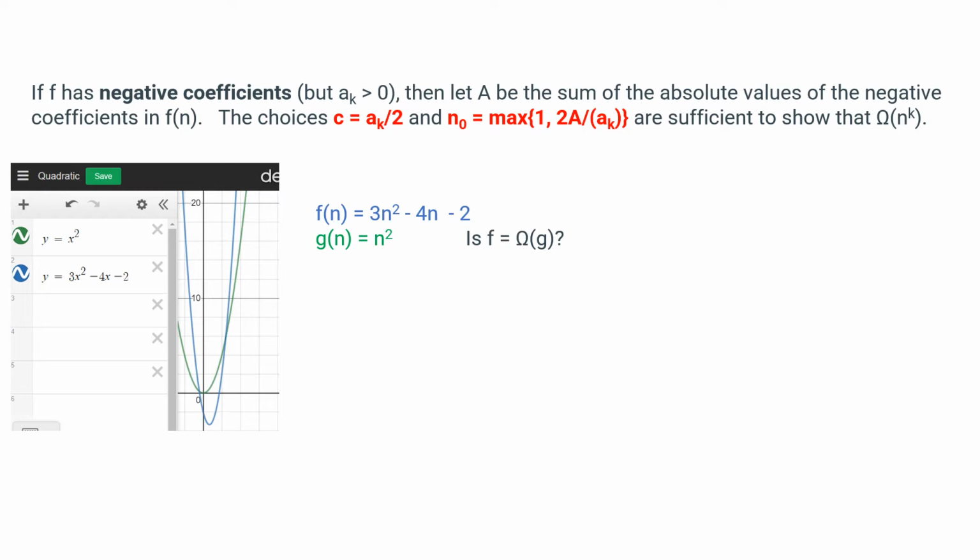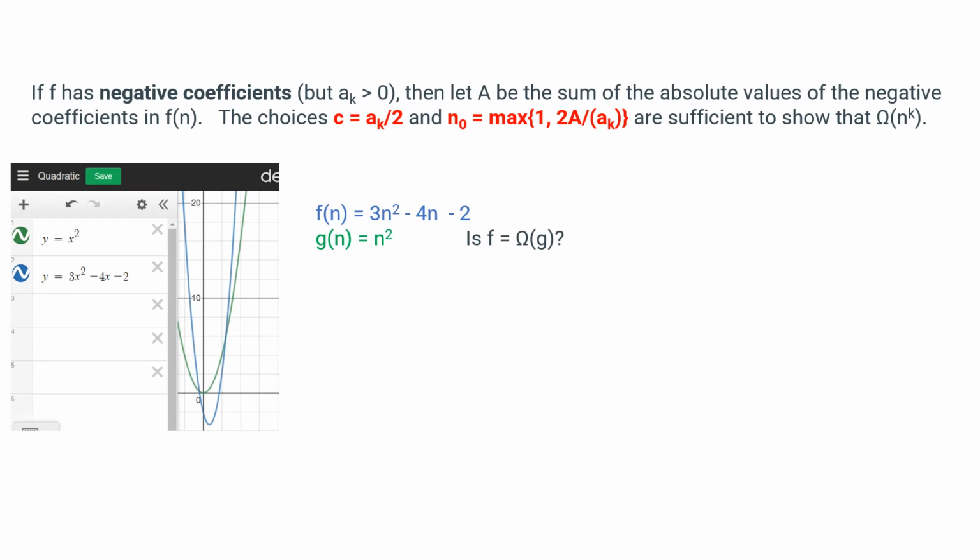N naught has always been 1 in the past, but now it's going to be either 1 or another number, based on whichever one is biggest. This other number is the maximum of 1 and then 2a over a sub k.